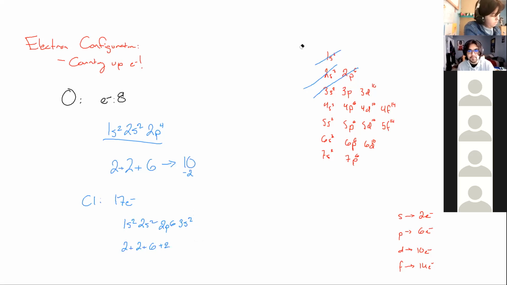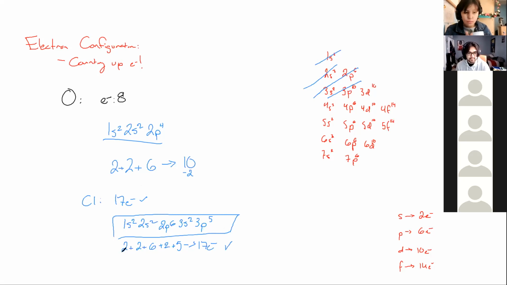Give me one quick moment. It erases when it's not supposed to. Okay, so I added 2, 2, 6, 2, and 5. And then how many electrons is that that I just wrote down? 17 electrons. So this is correct. And that is your electron configuration.